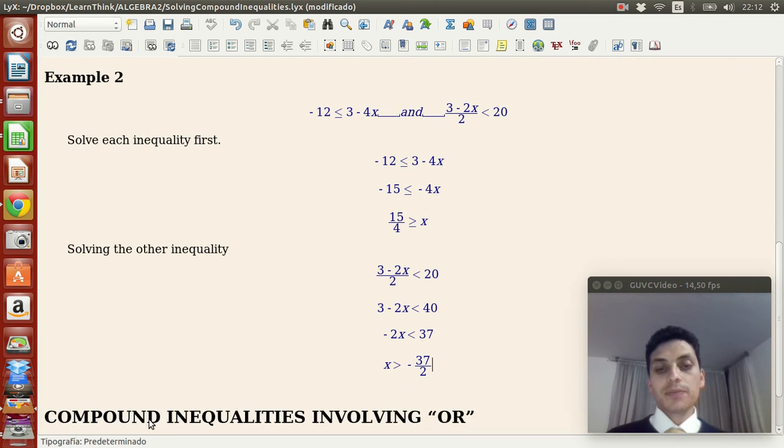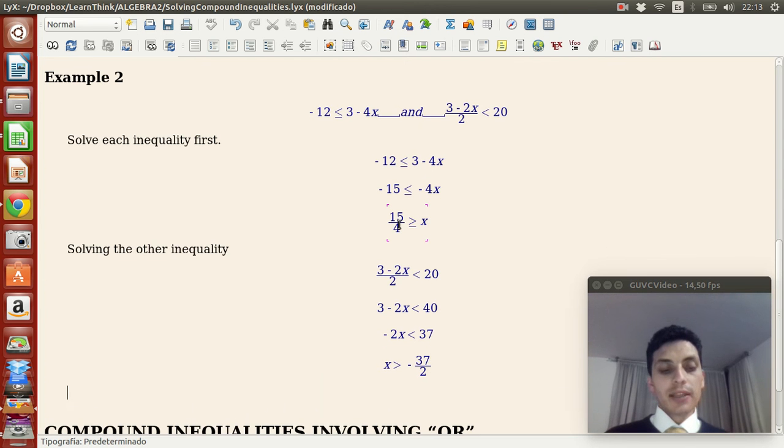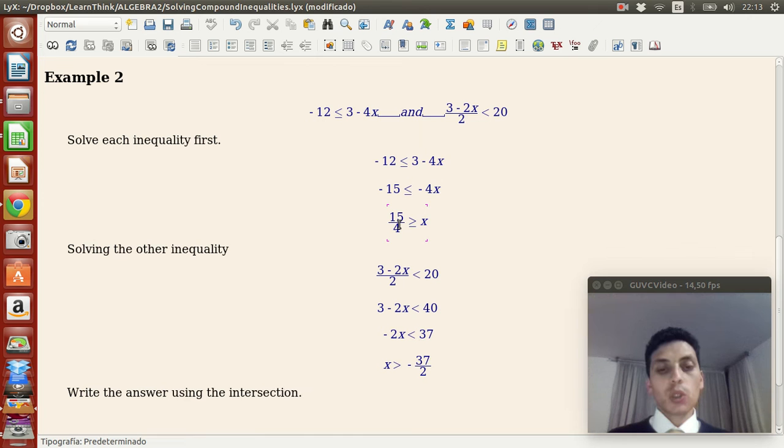Now we have two solutions. X is greater than minus 37 halves, and x is less than or equal to 15/4. So I can write the answer using the intersection of the solutions.